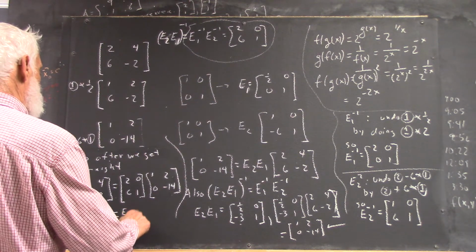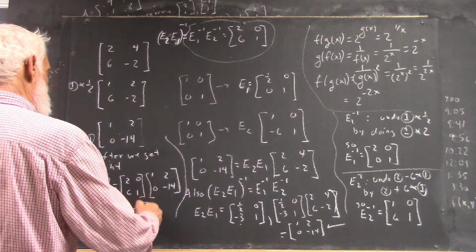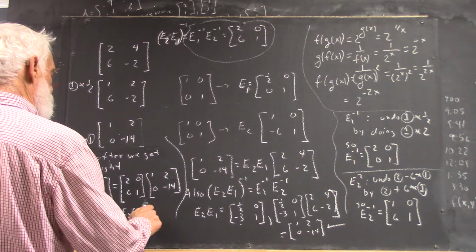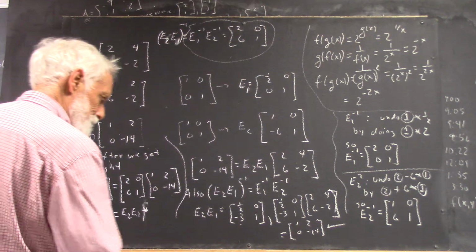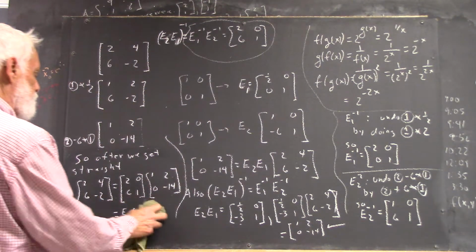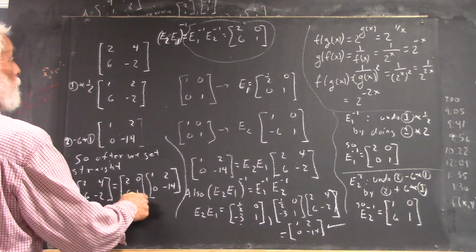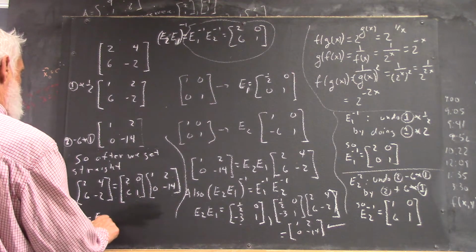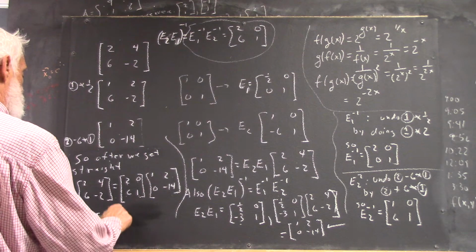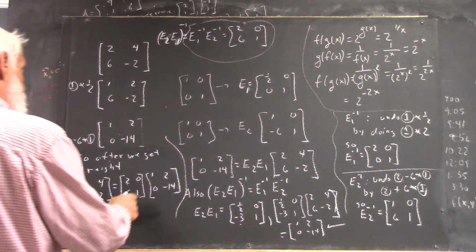This is E2, E1 times the 1, 2, negative 14, and give myself more room. Okay, 2061 is your E2, E1 inverse, right? Okay?